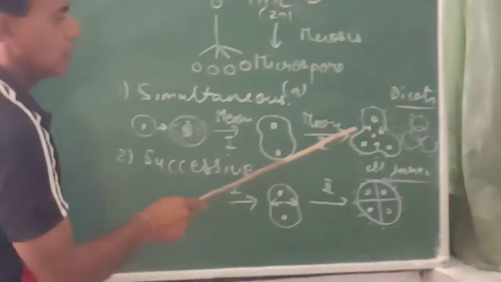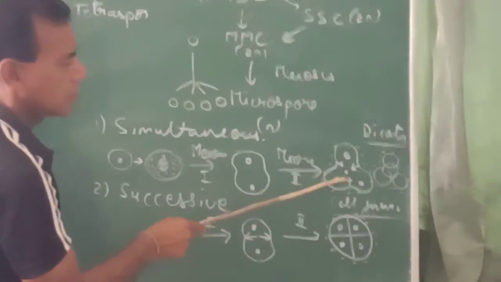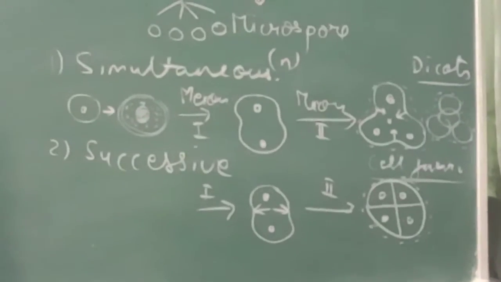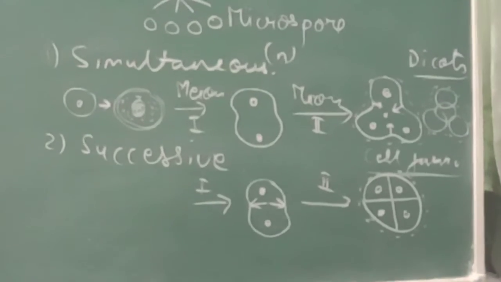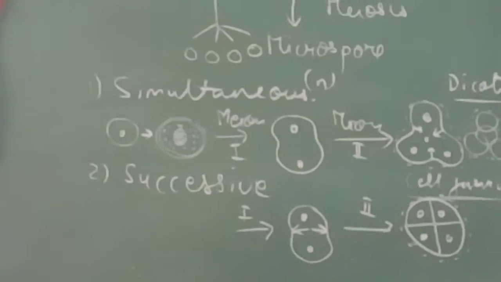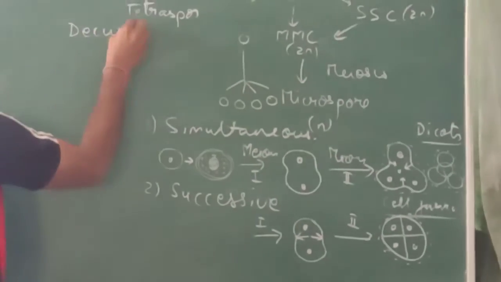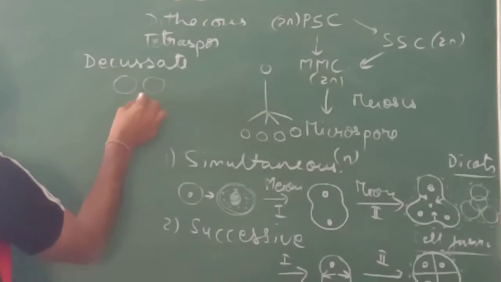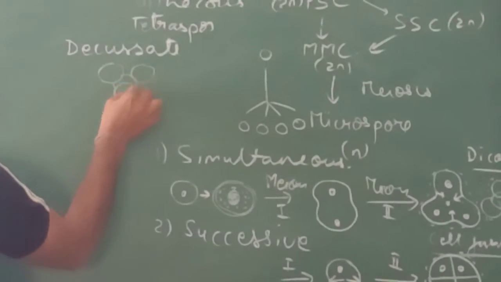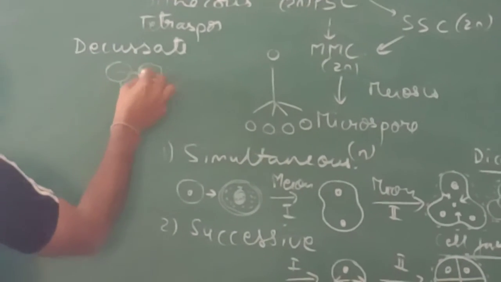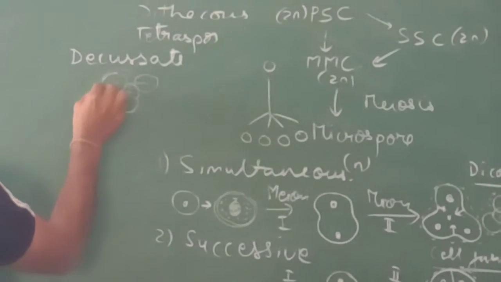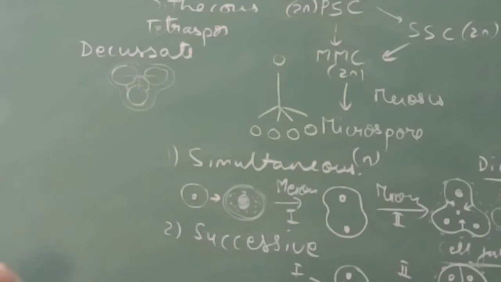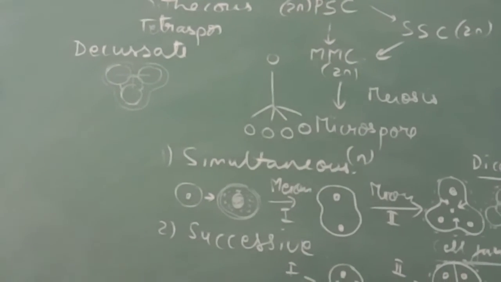But in plants, many other arrangements are also formed, like decussate, in which 2 spores face each other like this, and the arrangement of these is at right angle to the next or adjacent pair.